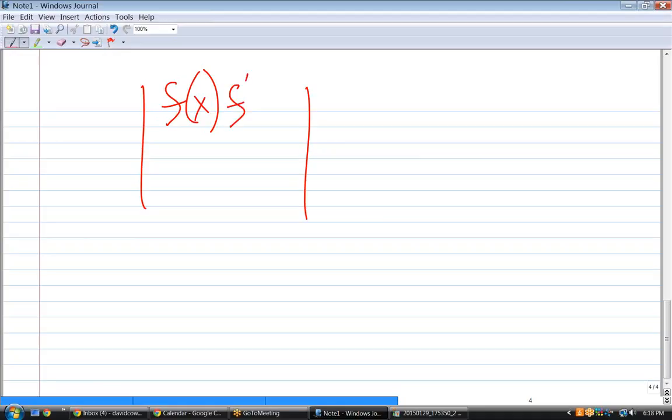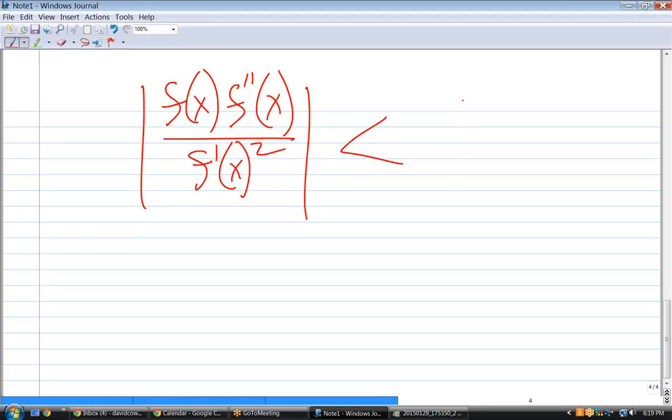If f times the second derivative, all divided by the first derivative squared, if the absolute value of that is less than 1, then it's going to converge. Okay. If it's not less than 1, then you can't tell. It may or may not converge.